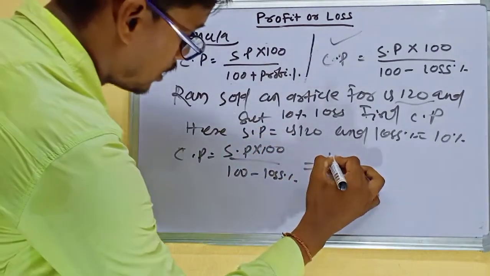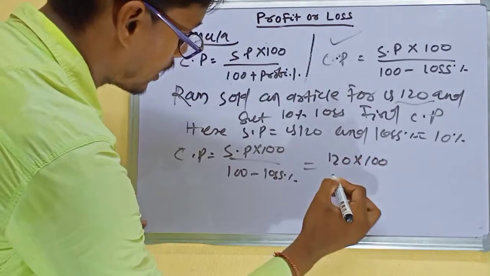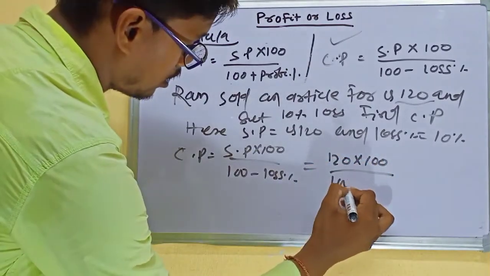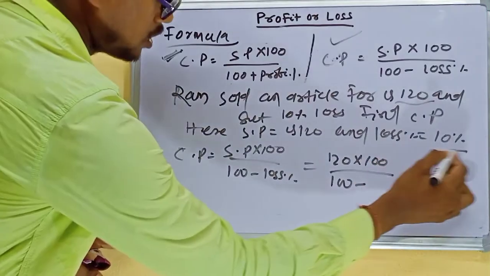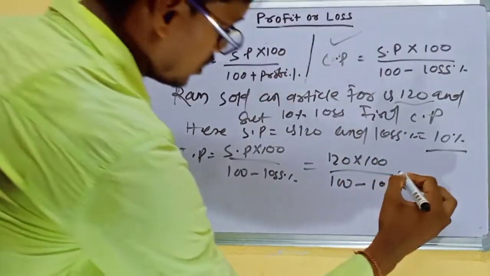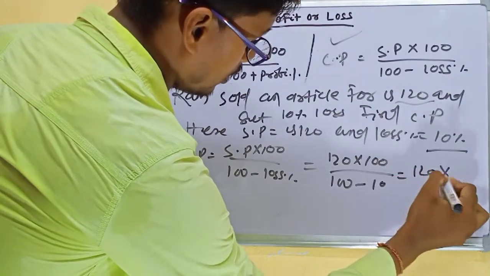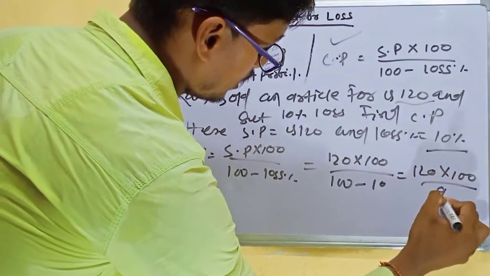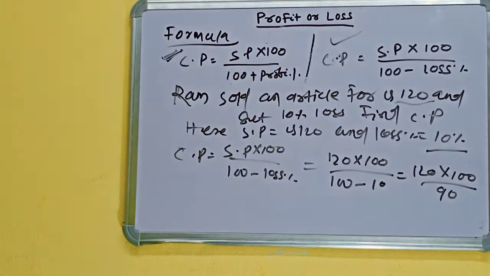Here SP is 120 into 100 divided by 100 minus 10, that is 120 into 100 divided by 90.